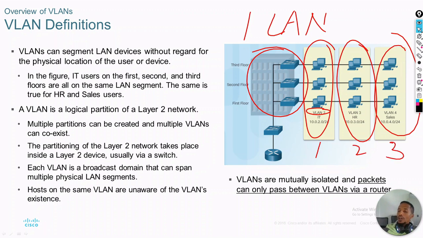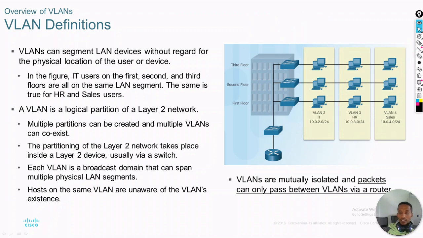So virtually, we have created 3 VLANs from a single physical local area network. Especially if the staff members are on different floors or in different buildings, you can manage them and connect them. For example, IT staff members will be assigned to VLAN 2, human resource members will be assigned to VLAN 3, so they can easily communicate.